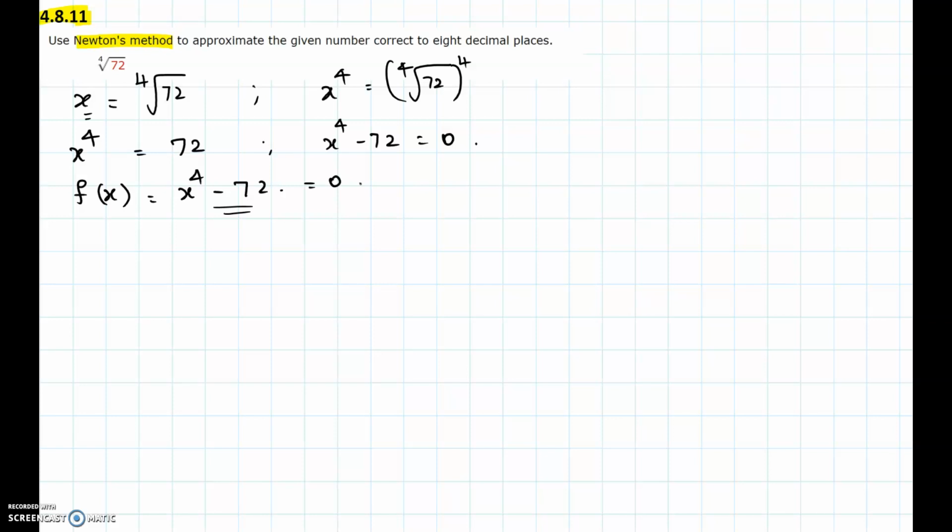But the number 81 is fairly close to 72, and the fourth root of 81 is 3. So we can consider x1 to be 3, which is our first approximation to the root.